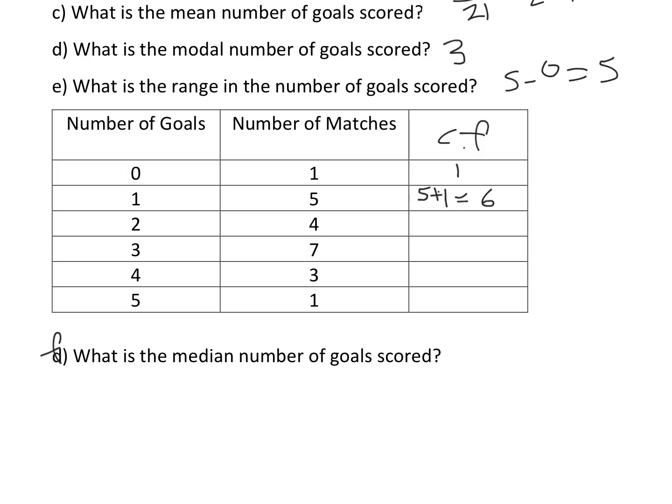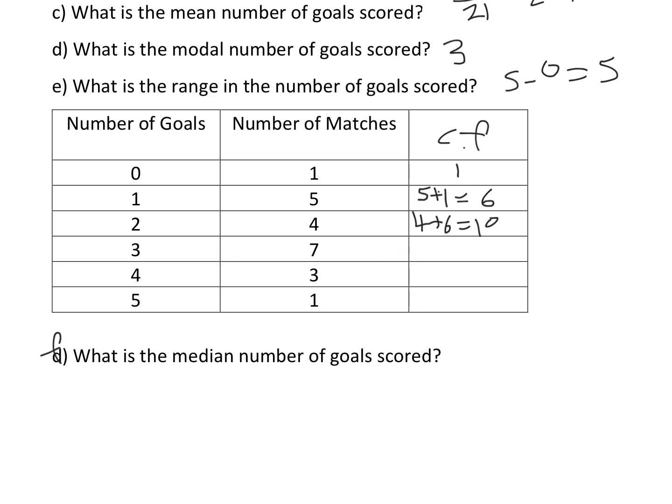So in a sense, we're adding up these two together. The next row is saying how many matches had 2 goals scored or less. So there's 4 times where 2 goals were scored, plus the other 6 previously that we've added up in the 1 goal or less. So 4 plus 6 is 10. The next row is how many times were 3 goals scored or less.